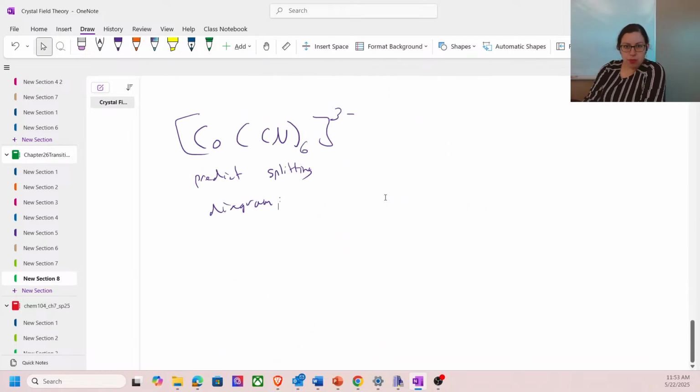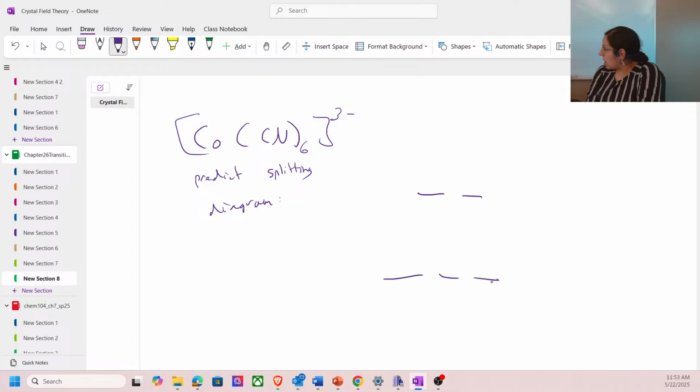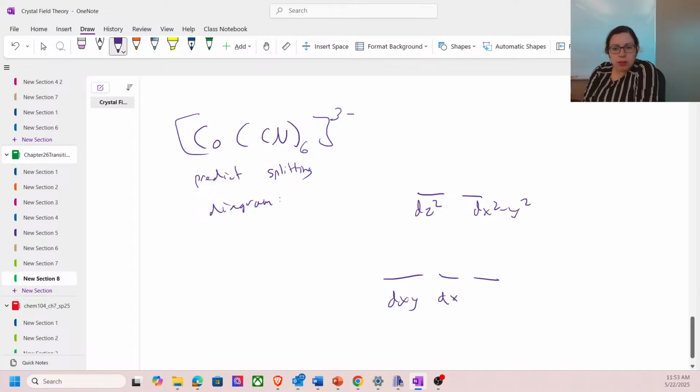So for this one, octahedral, they're always going to have the same splitting. I don't expect you to label them at this point, but it's always good to practice. So at least understanding which ones are involved in bonding, and then the other permutations, YZ, and XZ.